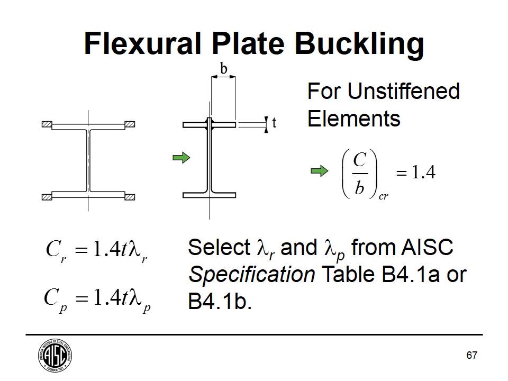Now what we can do there is just go through the same process that I had before and come up with this C sub r as 1.4 times T times lambda sub r, where lambda sub r is going to be from Table B4.1a or 4.1b. And the same thing for C sub P. If you want this, say this is a beam, and you want it to go into the plastic range, well, just use C sub P, is what I've called it, for plastic, as 1.4 times T times lambda sub P.